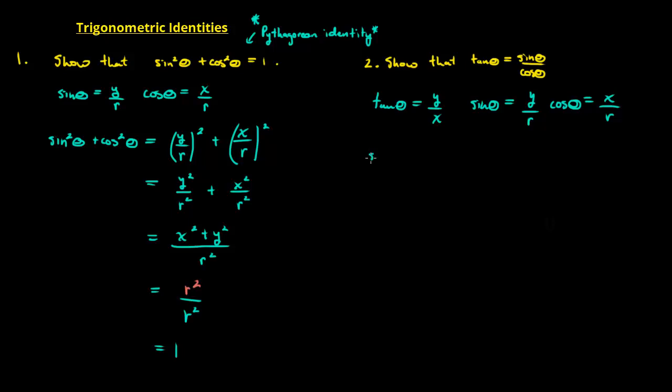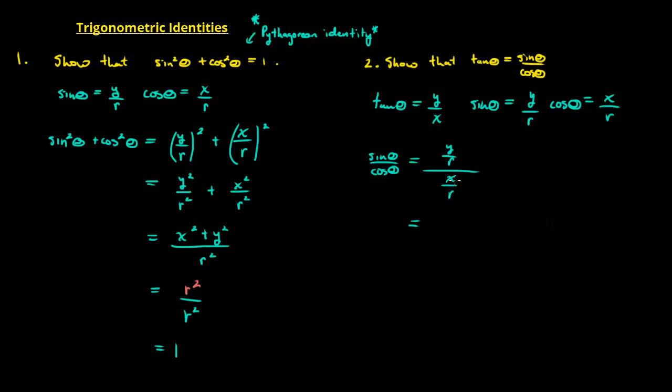So I know that sine theta over cos theta, if I replace sine theta with y over r and cosine theta with x over r, I've got y over r over x over r. Here I can simplify this. Dividing by a fraction is the same thing as multiplication by its reciprocal.